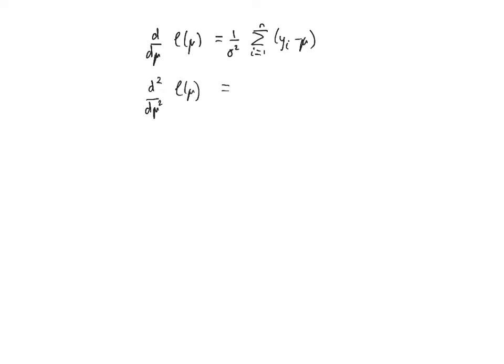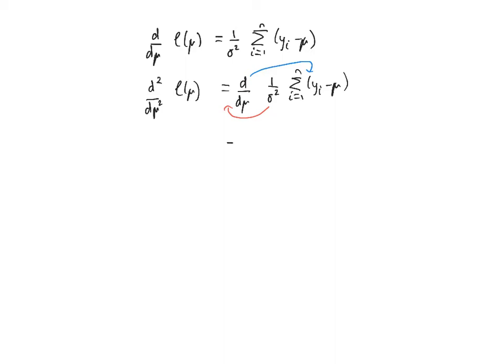And that's just found by differentiating the right-hand side with respect to mu. And the same rules apply as before. The constant can be moved out, and the differential operator can be moved through the sum.